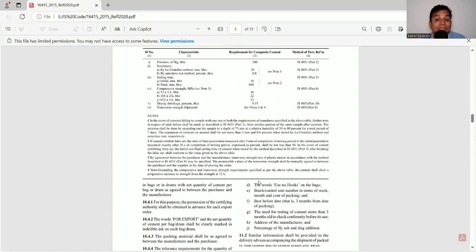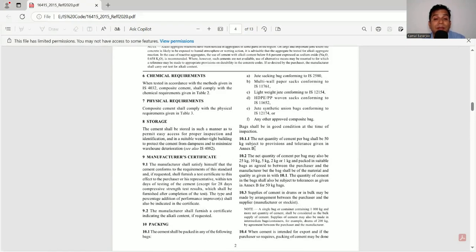Above 33, the code has not given any provision. It is given that the minimum is 33. As we have OPC 33, 43 and 53, but here it says only 33. And the drying shrinkage is 0.15, and transverse strength is 3.4. So this is all about the composite cement.